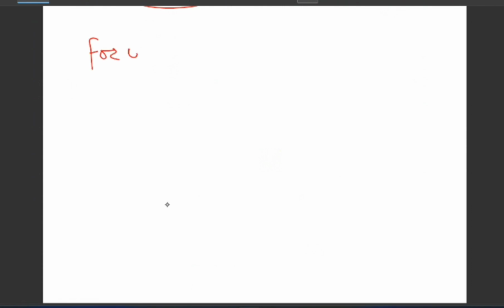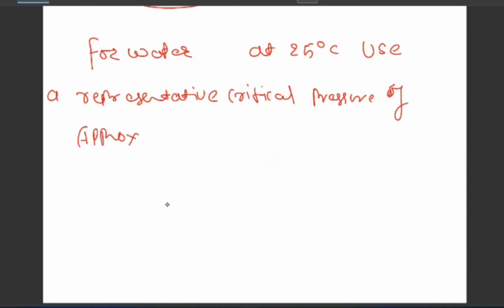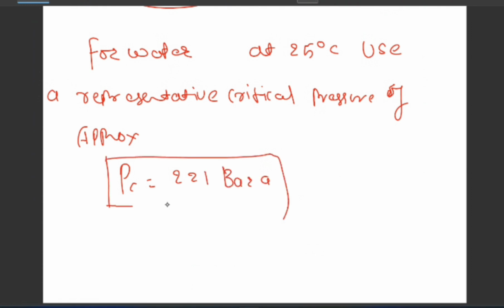So for water at 25 degrees Celsius, use a representative critical pressure of approximately 221 bar absolute. This is the standard value.